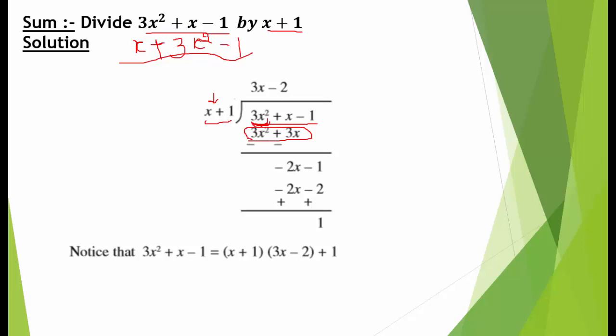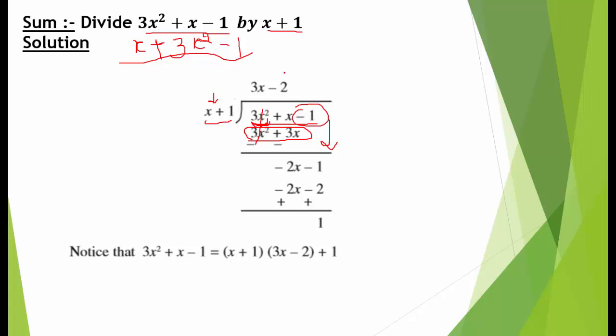Here we have positive, then it will become negative, and this is again positive and this will become negative. Now plus and minus cancel out, because 3x square minus 3x square equals 0, and plus x minus 3x means minus 2x, and this is written here.